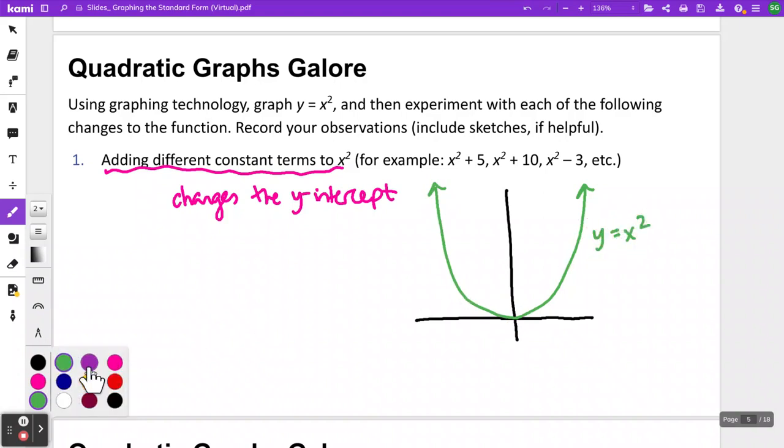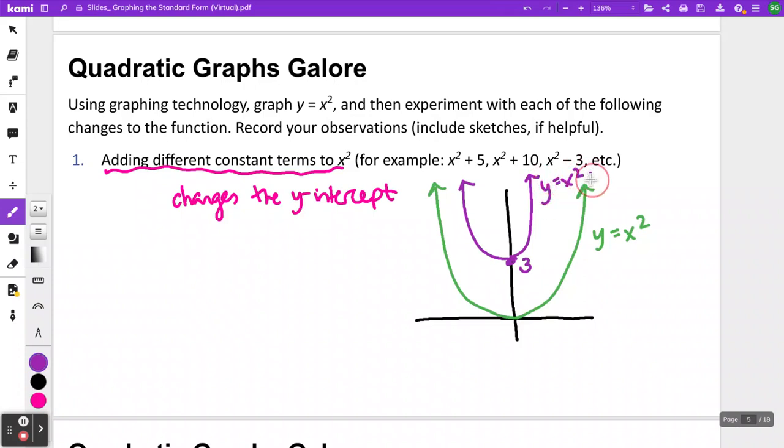I'm going to use a different color and show that when we change that to y equals x squared plus 3, for example, it moved, that's a little not balanced, but it moved our parabola up. If my equation was y equals x squared plus 3, it made that y-intercept here at the number 3. For me, this is what I would want in my notes.